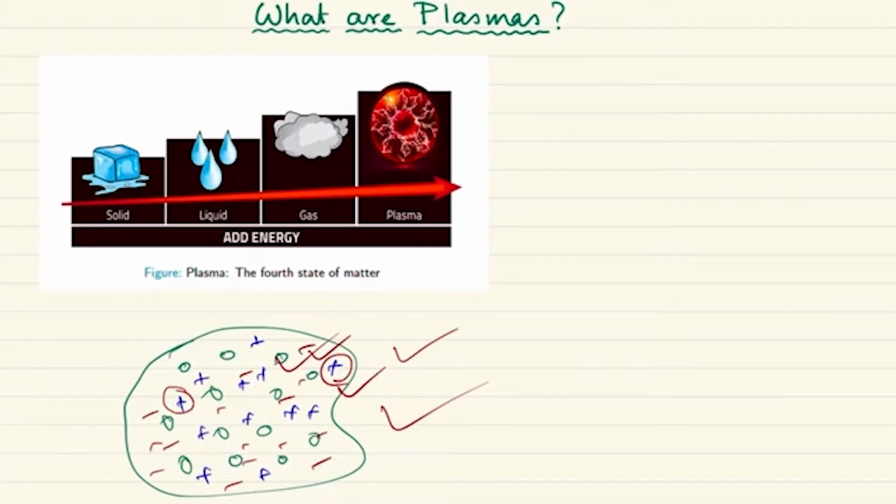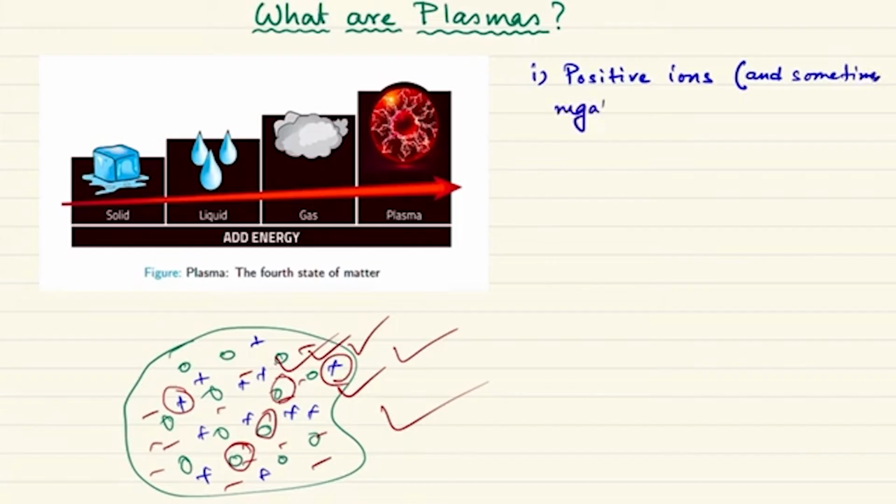So there should always be some neutral particles intact. So a plasma as a whole is a gas which contains three types of particles. One is positive ions, and sometimes negative ions.